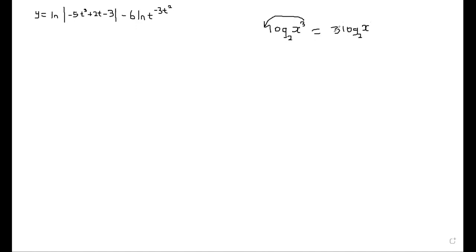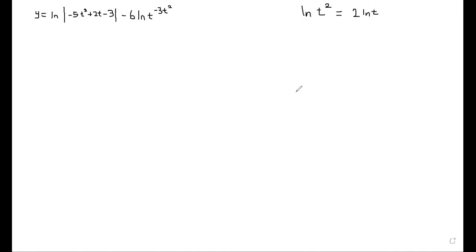So you can always take the exponent in front, even with the natural log. For ln of t squared, you can take the exponent in front of the natural log, and then you're going to have that.